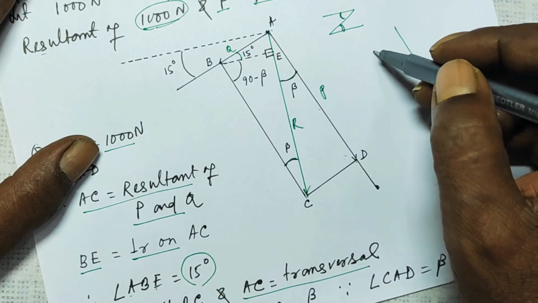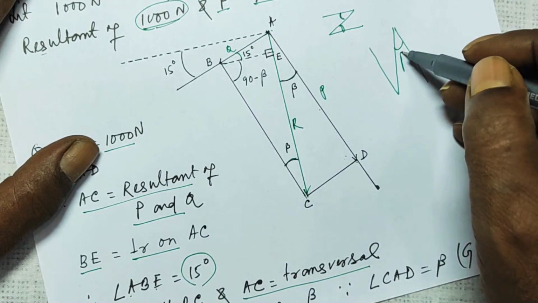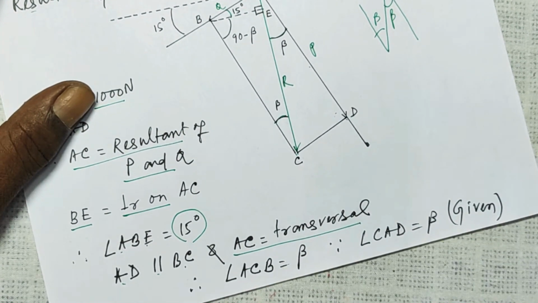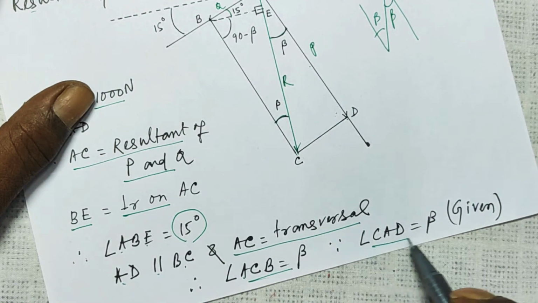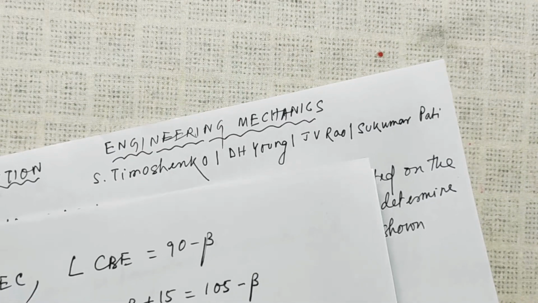This is parallel to this, and this is the transversal. If this is beta, this will also be beta, alternate angle. Now let us move on to the next page of the solution part.